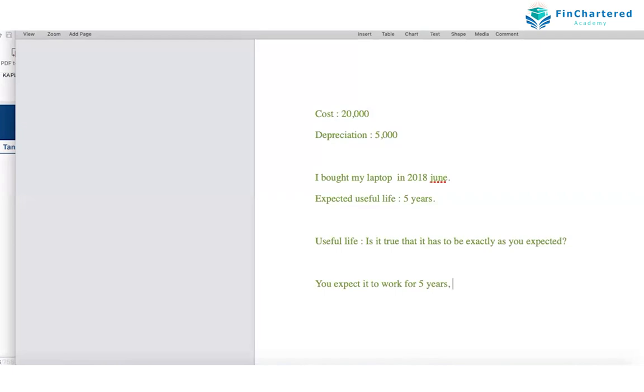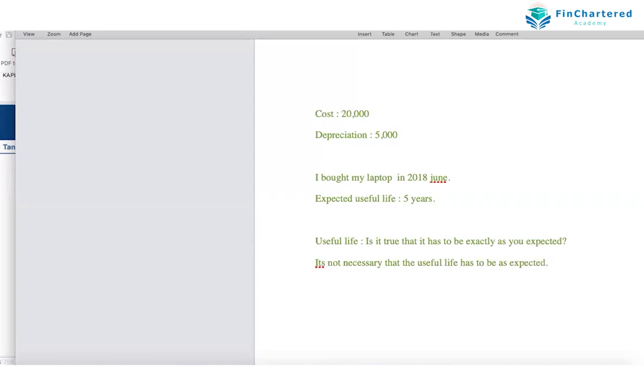Again, I'm giving you a very basic example. You feel, oh, I'll use it for 1 year, but in 1 month, those shoes are torn. Does this happen or no? It's not necessary that the useful life has to be as expected.